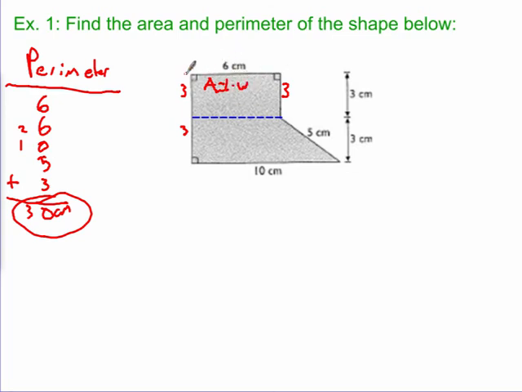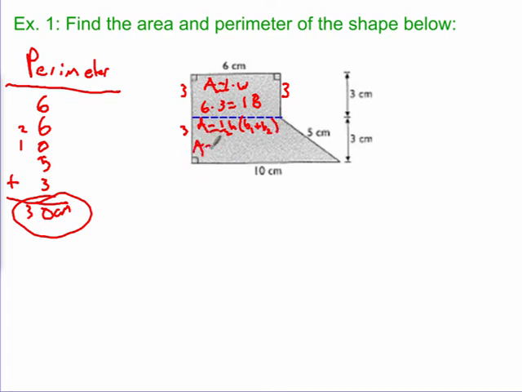Length is 6, width is 3, so it's 6 times 3. That's 18. Now I need to find the area of this trapezoid. The area of a trapezoid, we know from our formula sheet, is 1/2 the height times the sum of the bases.